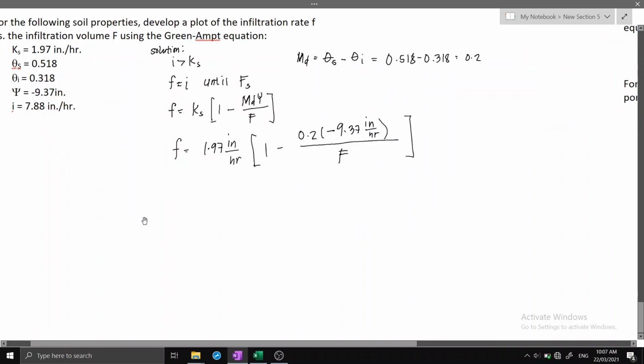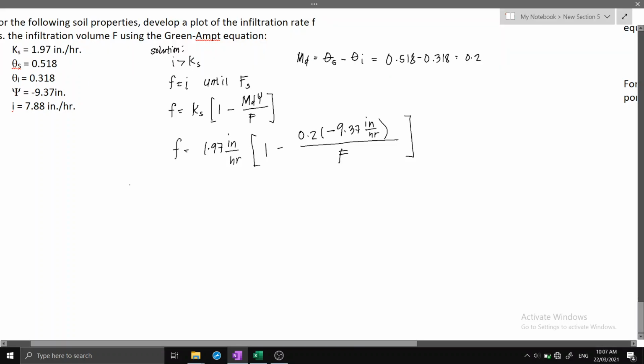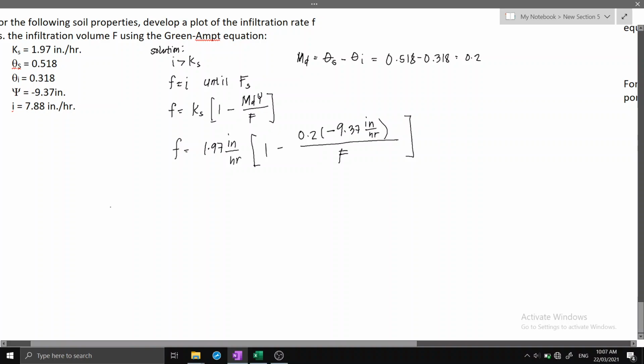Fs is given by the moisture deficit times psi all over 1 minus the precipitation rate over maximum hydraulic conductivity.